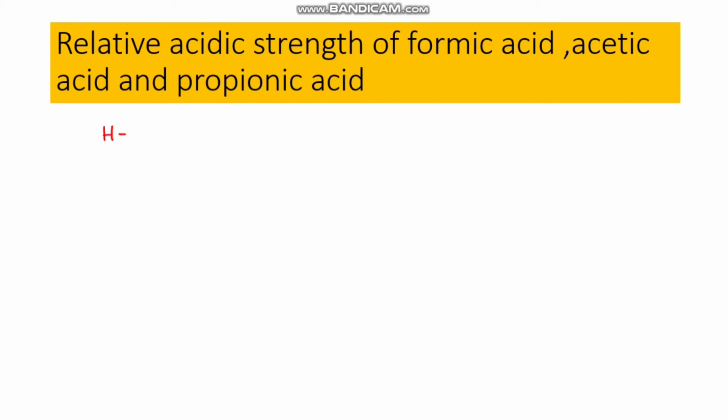Formic acid is HCOOH. Then acetic acid is CH3COOH, and propionic acid is CH3CH2COOH. So we know that this CH3 is a plus I group, and CH3CH2 is also a plus I group, but H doesn't have any plus I effect.